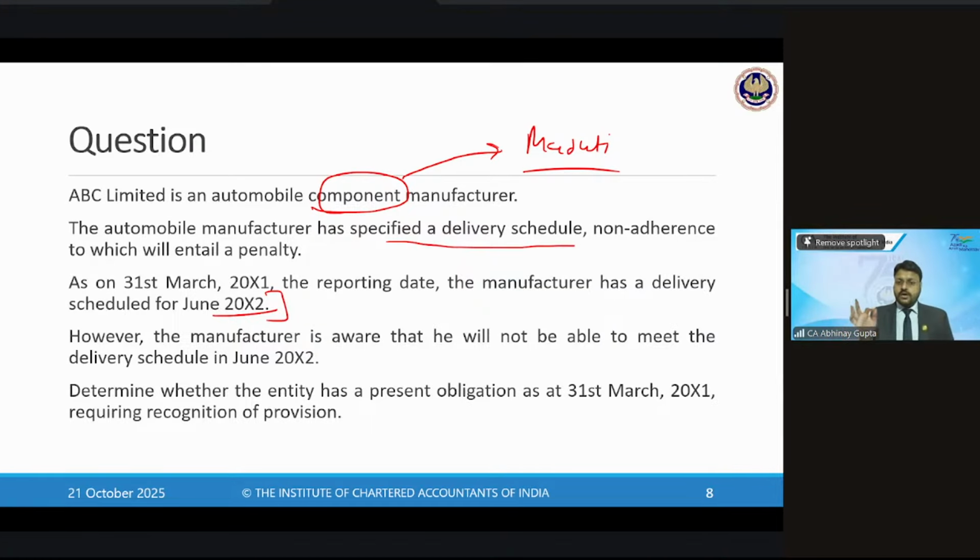So in a nutshell, the question is whether ABC Limited needs to record any provision in the 31st March 2001 financials, knowing that they will default on the delivery, or that the delivery is becoming tight to be made by June 2002. And if the delivery is not made on time, then a penalty will be levied. Now, the question is, is a provision required in the 31st March 2001 books or not?